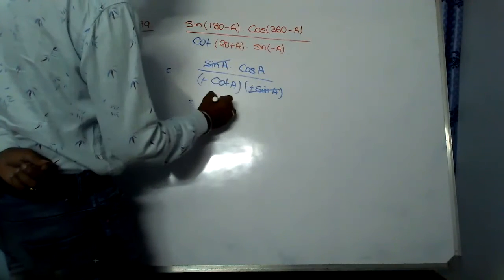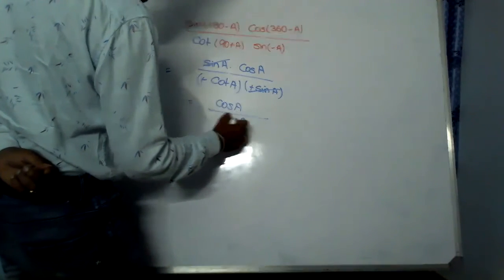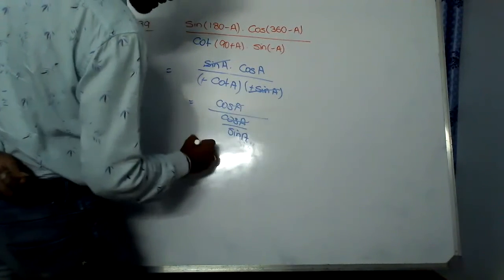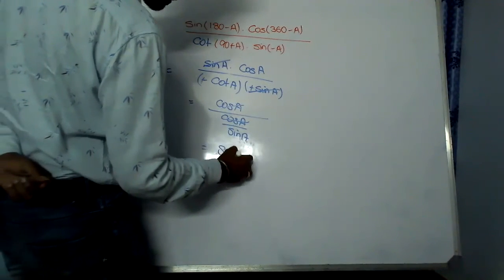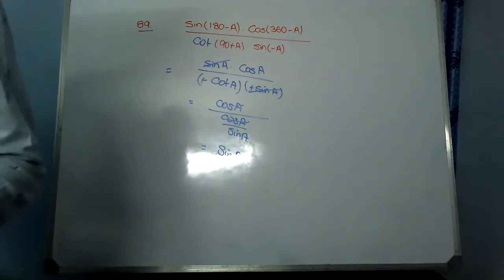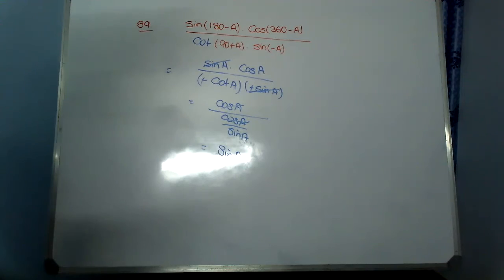And then I can write cos a divided by cos a by sine a. So cos a will get cancelled, it will come up and your answer will become sine a. But when the question is written with tan, there will be no other answer; what we did before will be the right answer. Okay, now we'll go to the next question, question number 90.